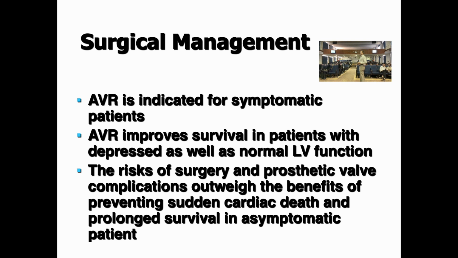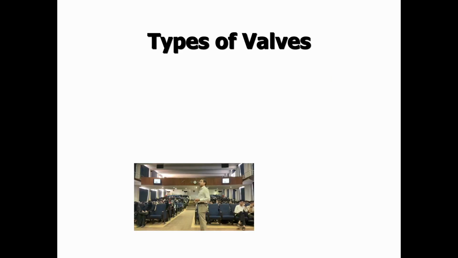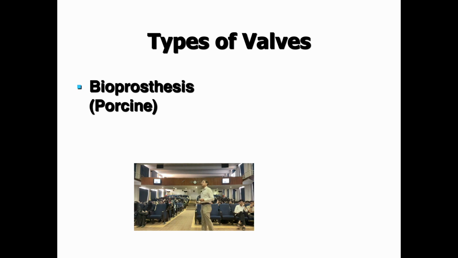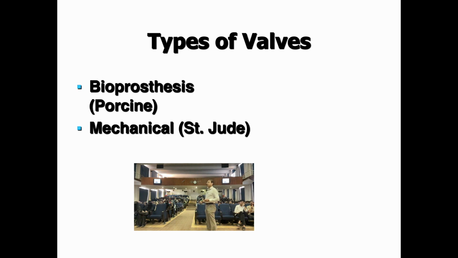The risk of surgery and prosthetic valve complications outweigh the benefits of valve replacement in preventing sudden cardiac death. So this is useful. Now what are the different types of valves which are used? Maybe bioprosthetic valves, mechanical valves, or they may be homograft.